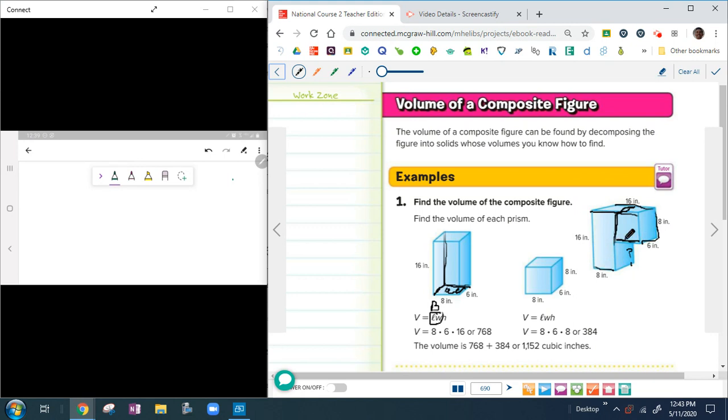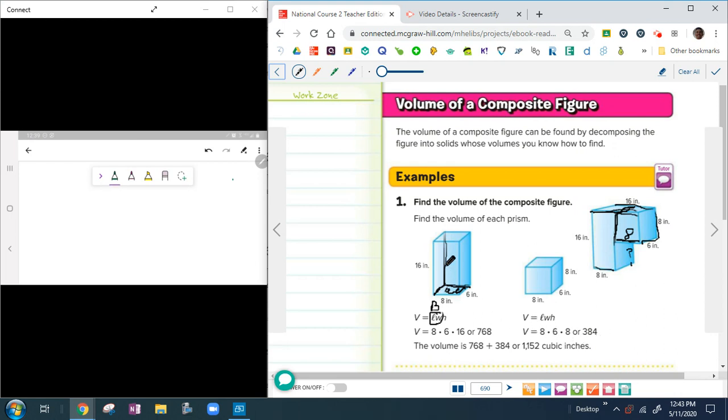It looks like this line should be whatever we add to 8 to get this full length of 16, so that would have to be 8 as well. It can be tricky, with all my scribbling around here to figure out what that missing dimension is. But you need those 3 dimensions of a rectangular prism so you can plug them into our formula and get the volume.